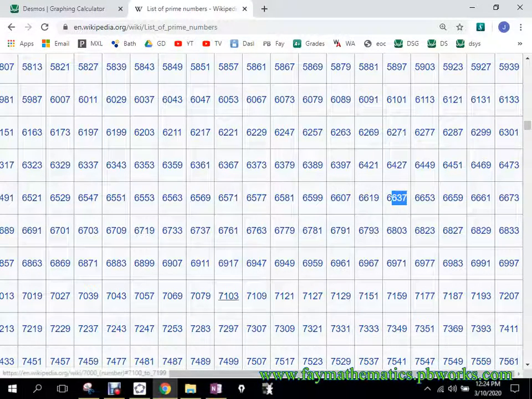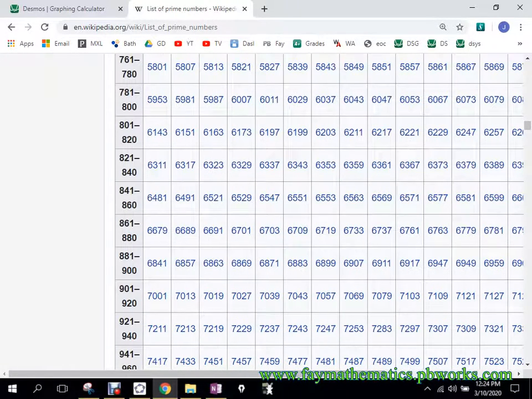We could go through here and eventually find some that are larger and only 2 apart. So here's 2 apart right here, right? That's a prime number. That's a prime number. But see how there's only one even number between the two? So that's a pattern that exists for prime numbers a lot.